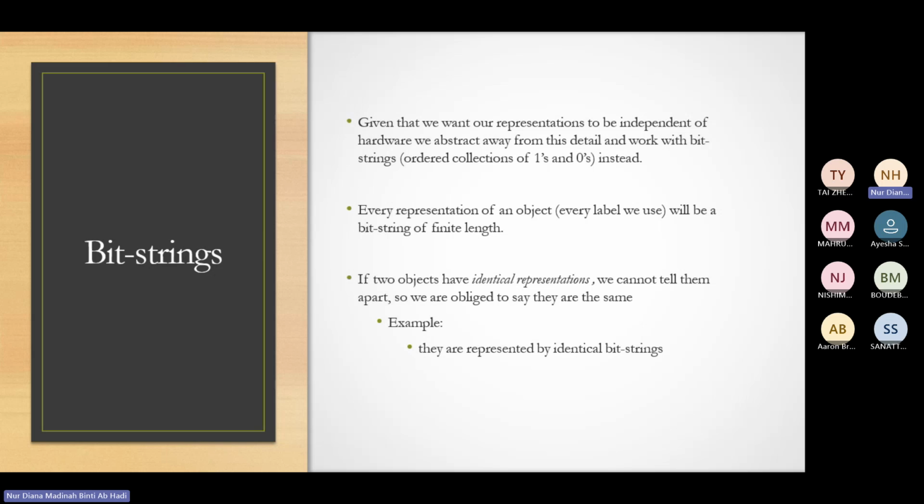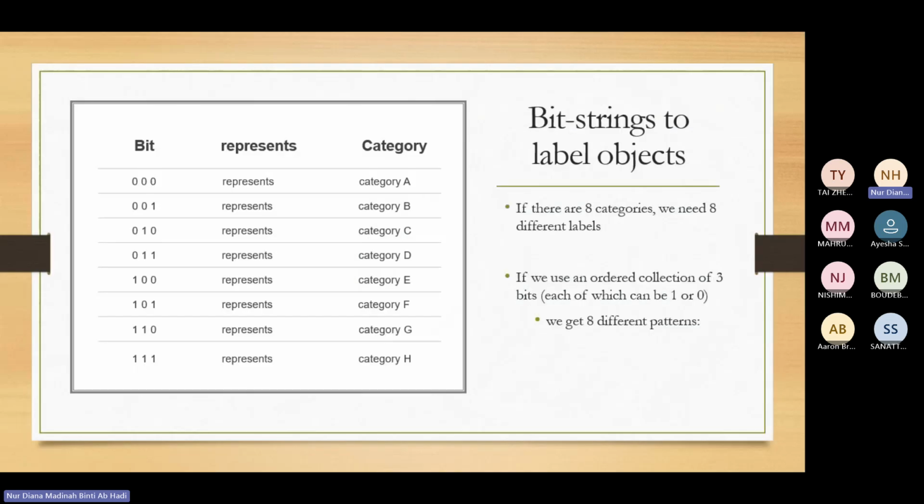Every representation of your object will be a bit string of finite length. If 2 objects have identical representations, we cannot tell them apart, so we are obliged to say they are the same thing.